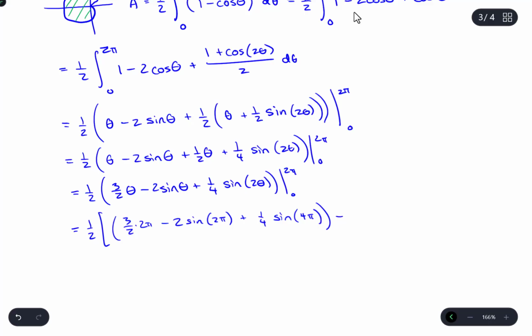And then I plug in zeros, where sine of 0 is always 0. 3/2 times 0 would be 0, so that whole thing's just going to be 0. In addition, that's 0, and that's 0. So effectively, the only term we have remaining is this first one. These 2's will cancel, so I have 1/2 outside and then a 3 pi, so it looks like I have 3 pi over 2 in the end.